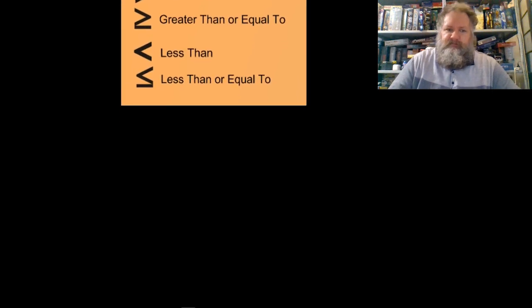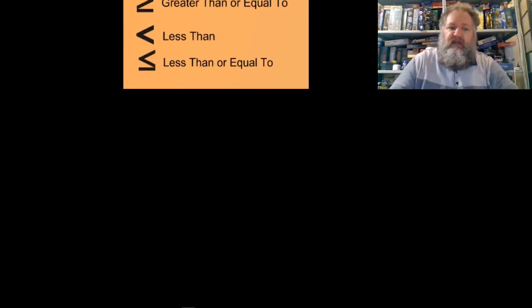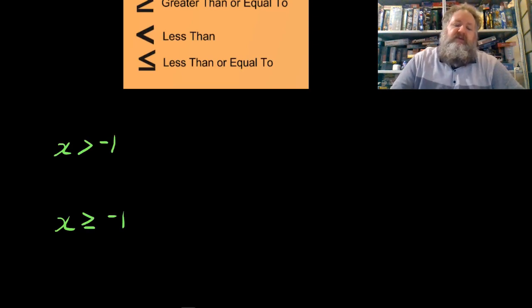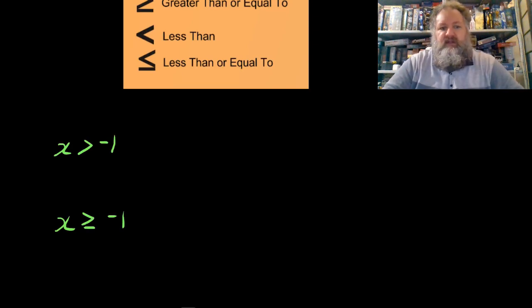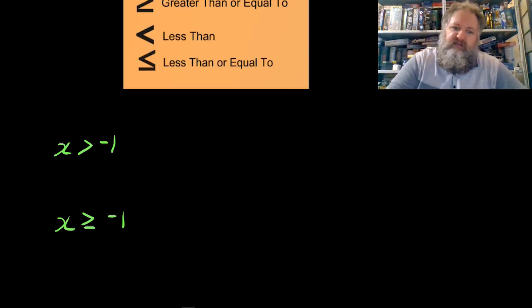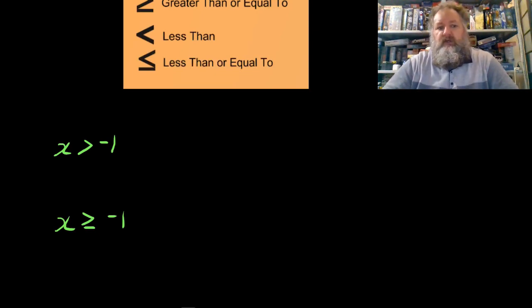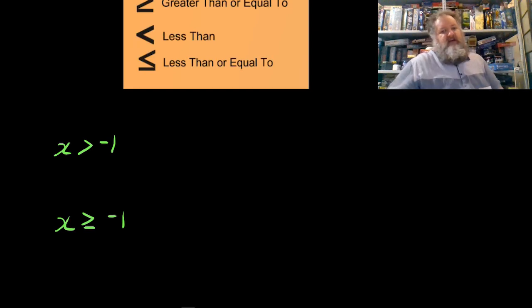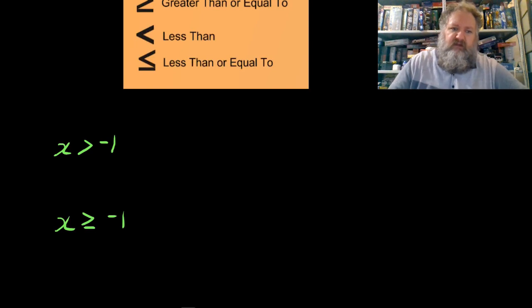Here we have an example of 2 inequalities. We've got x is greater than -1, and we have x which is greater than or equal to -1. This works the same way for less than and less than or equal to as well. If we were to graph these 2 inequalities onto a number line, what would they look like and how would we make them look different?